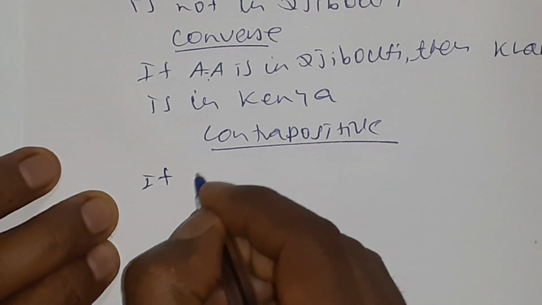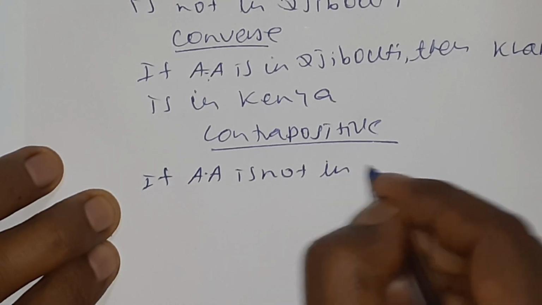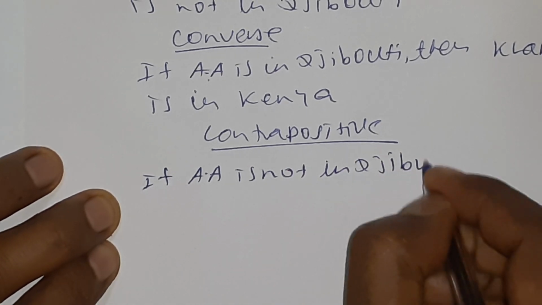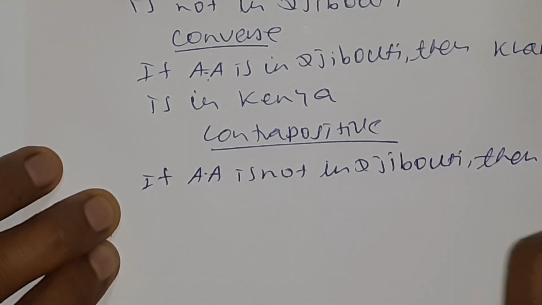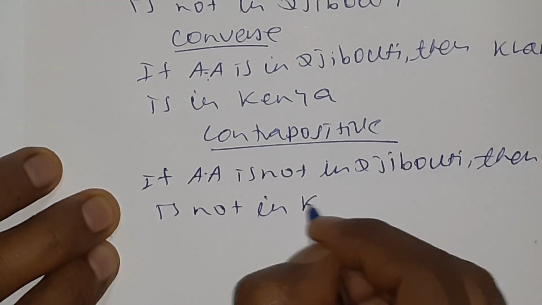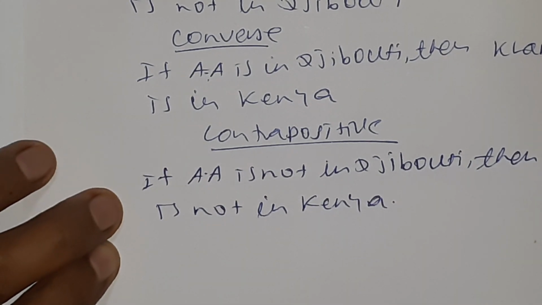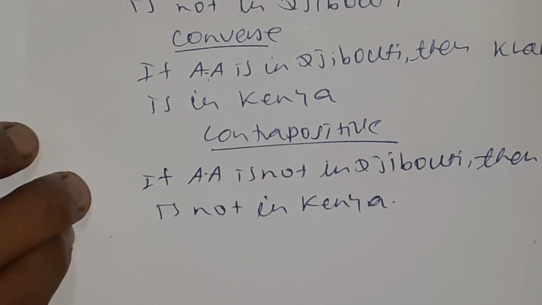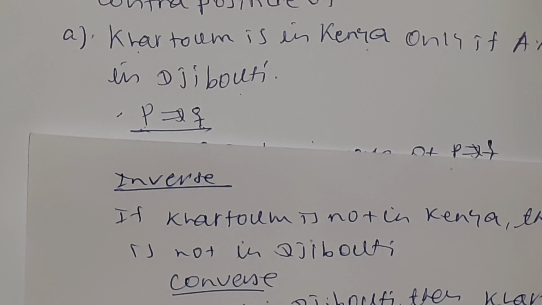That means if Addis Ababa is not in Djibouti, then Khartoum is not in Kenya. Therefore, these are the inverse, the converse, and the contrapositive of this statement, that is, Khartoum is in Kenya only if Addis Ababa is in Djibouti.